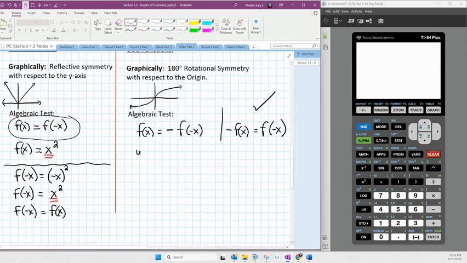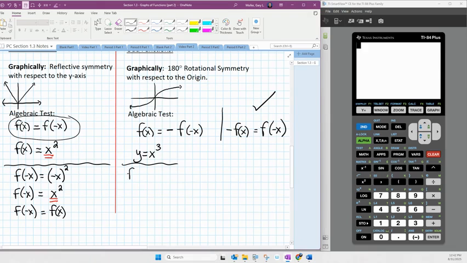All right, let's take a look at now another function we know. Let's do x cubed. We know that it's odd. Now let's show it algebraically. Okay, so there's the function. Now let's do the math. To determine if it's even or odd, or maybe it's neither, we're going to plug in negative x.